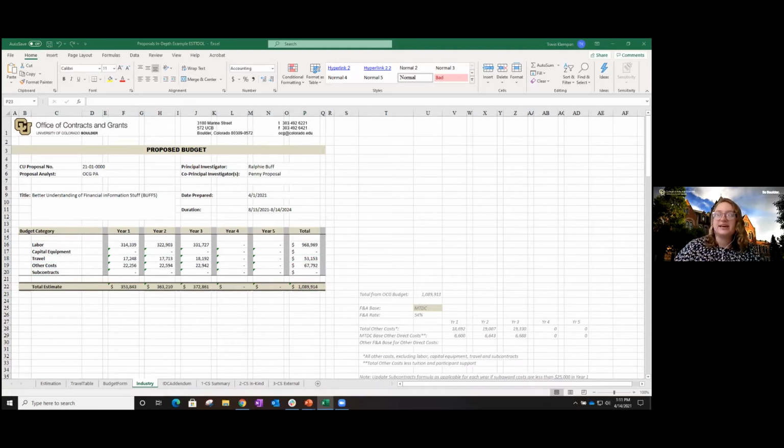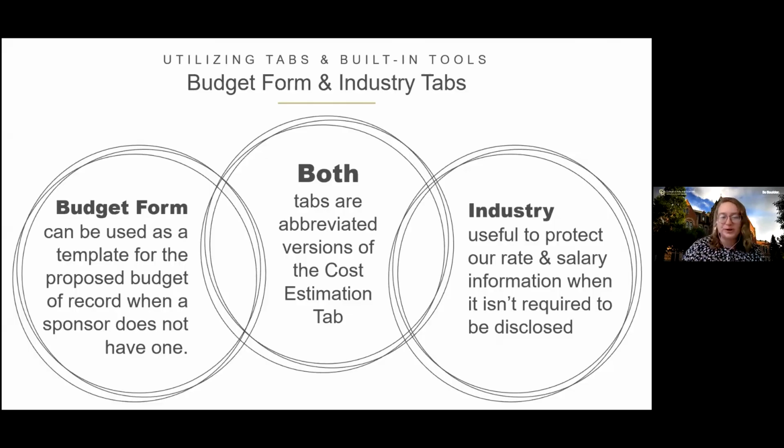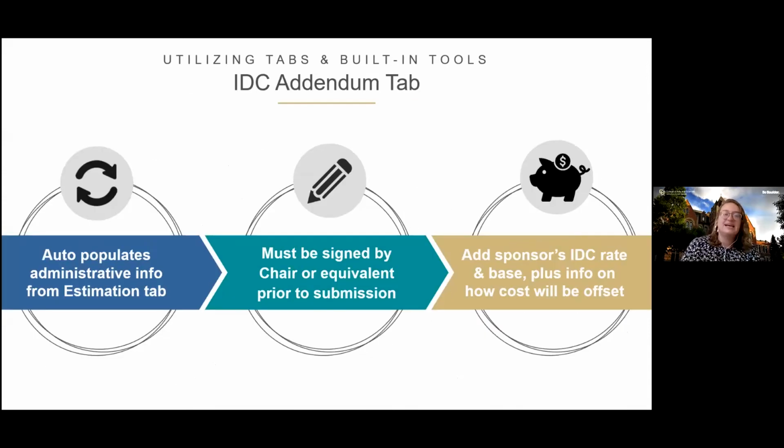Great. And then the final tool we're going to be talking about is our IDC addendum. Most of you have probably heard of this, or maybe you've been asked to sign it or prepare one. So this tool is used when a sponsor requires that we use a rate other than our federally negotiated rate, which on campus is 54%, off campus is 26%.